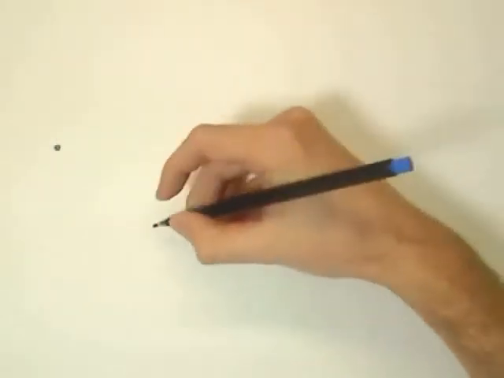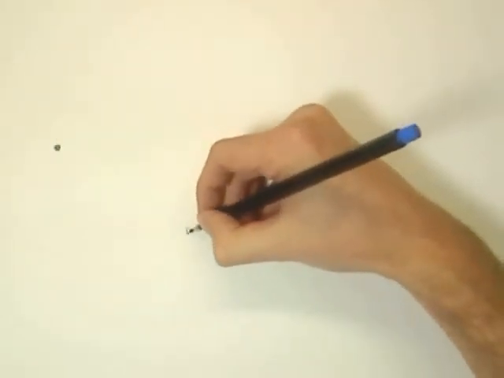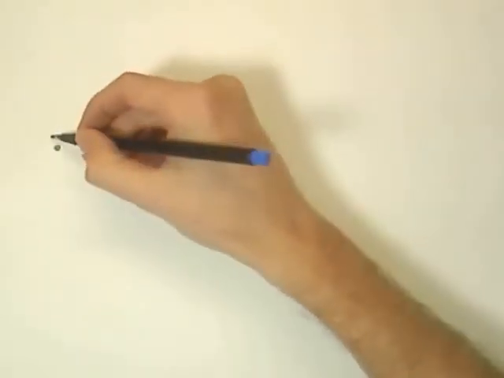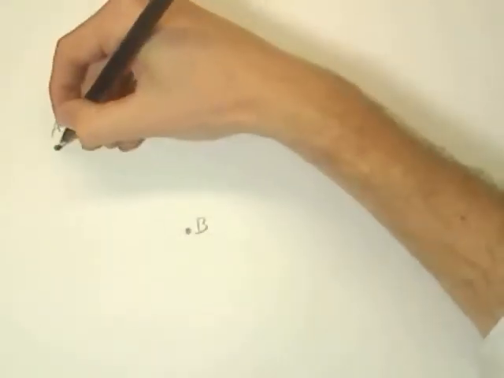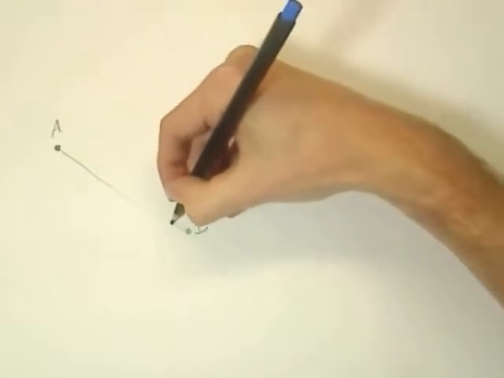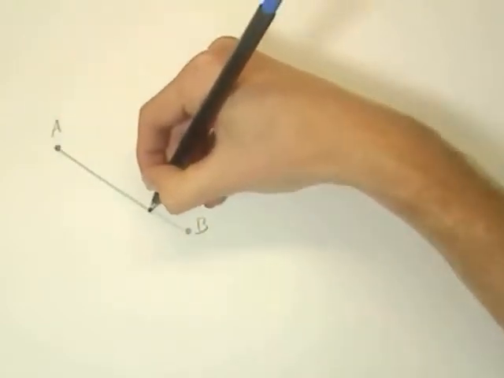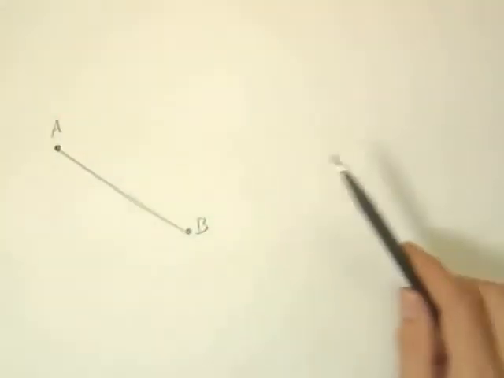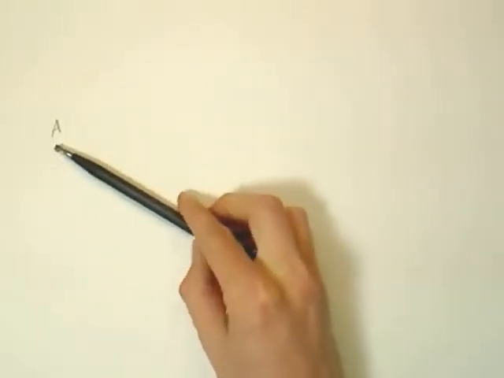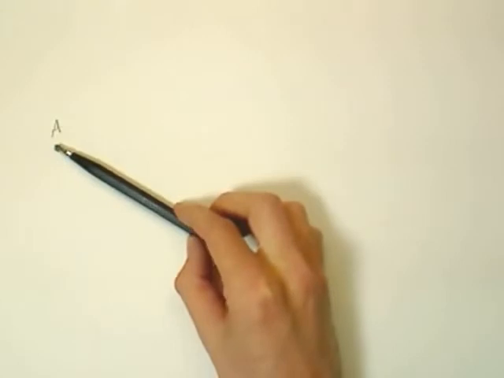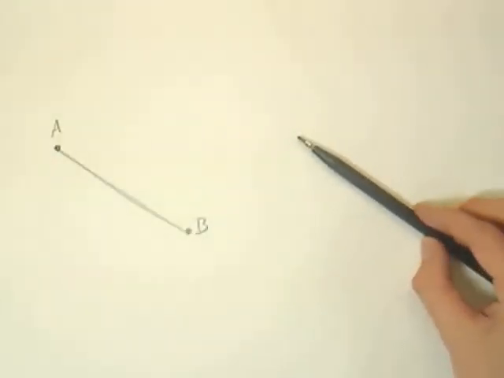But before we start, some of us might need a refresher in some basic geometry. Alright, so we have 2 points, point A, point B. Geometry says any 2 points creates a line. Well, a couple minutes ago I showed you how to easily use your pencil to measure and create a line.